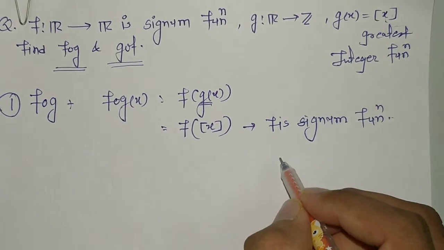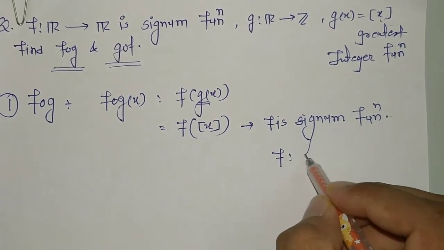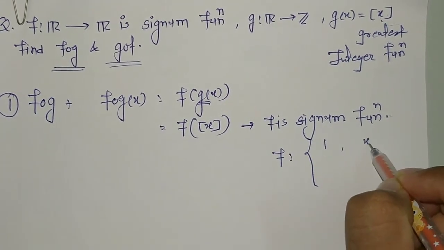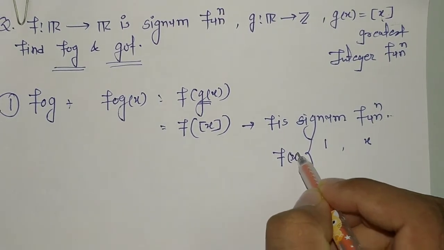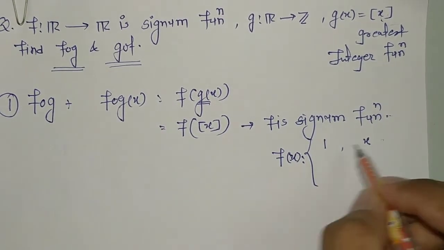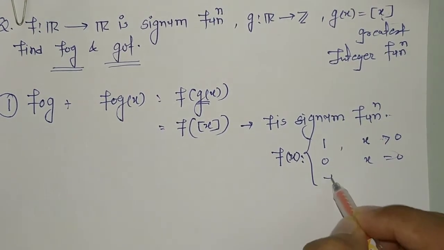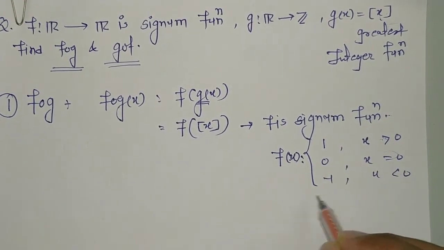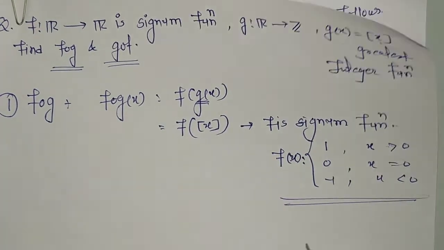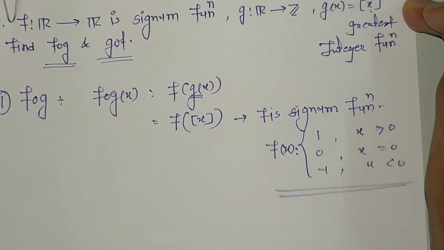That means if we define f, it will be like this: f of x is 1 if x is greater than 0, 0 if x equals 0, and minus 1 if x is less than 0. This is the definition of the signum function.